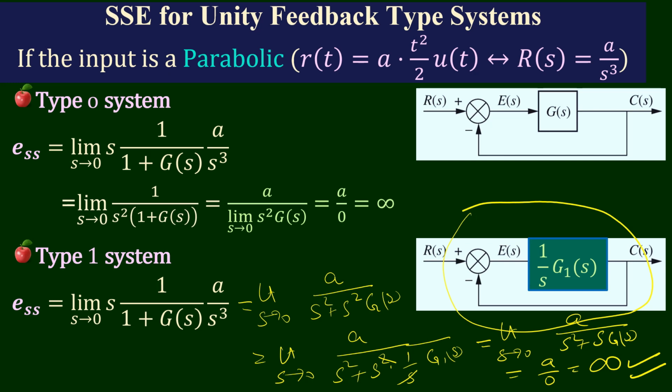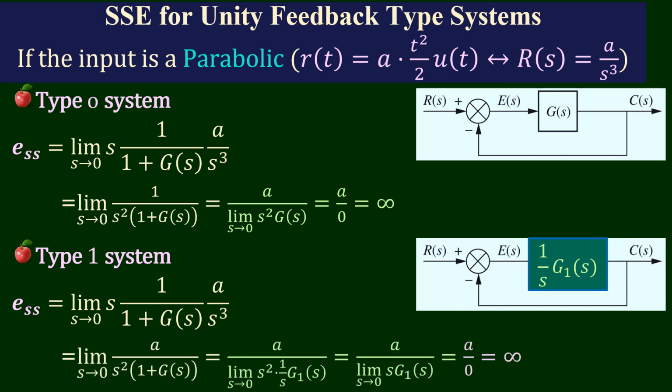So the conclusion for this discussion is that if the input is the parabolic input and the open loop transfer function is type 1, even if the closed loop is stable, the steady state error of the system will diverge. So the designer should be careful in such cases.